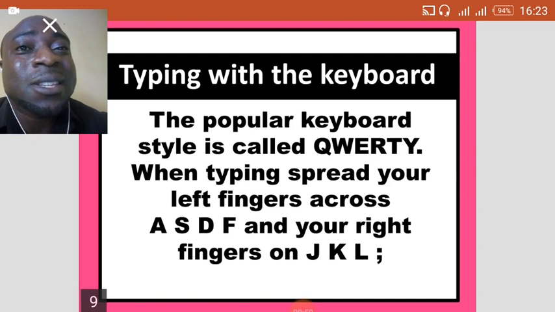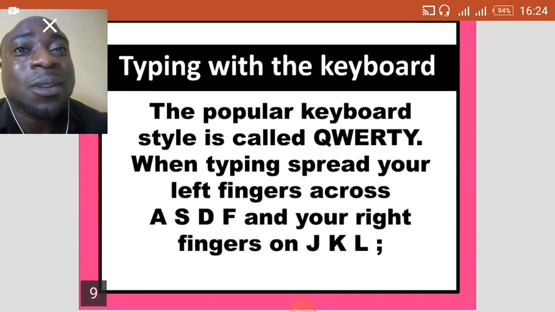So the first set of letters on the keyboard by the left hand side is Q, W, E, R, T, Y. That is the common keyboard that is available to us. Though there are some other types of keyboard on the computer, this is the common one, and it is very easy for us to understand, because even if we are learning how to type using a typing tutor like Mavis Beacon, this is the type of keyboard that you will see there.